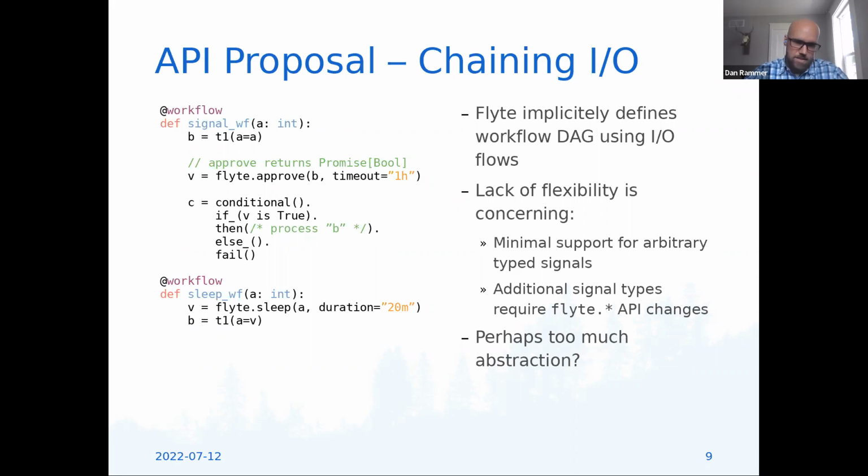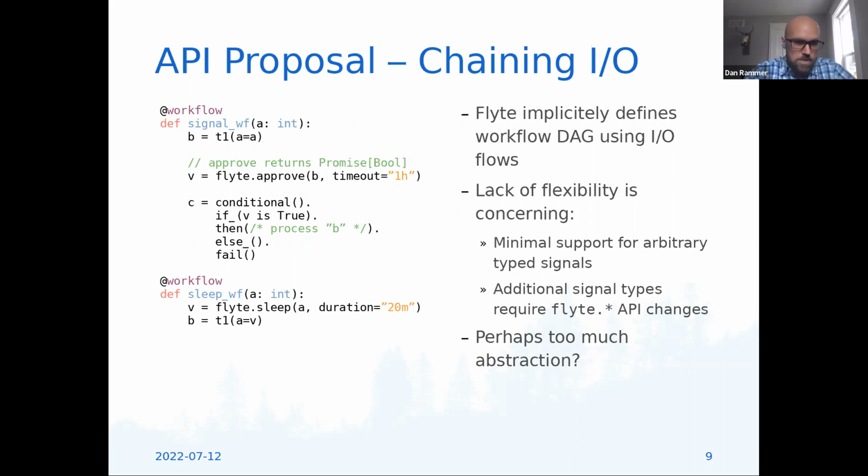So we'd execute task T1 returns B, we call approve on that, and then we can use that conditional again to say, okay, was B approved or was B not approved? And then this would very explicitly inject that dependency into the Flyte workflow DAG of saying run T1, then have a gate node with a single on it, and then we can process downstream from there.